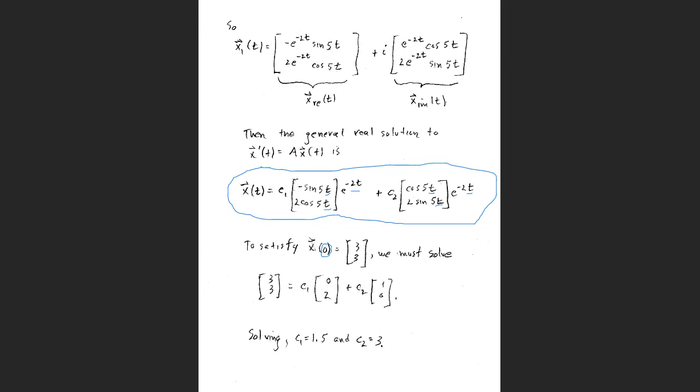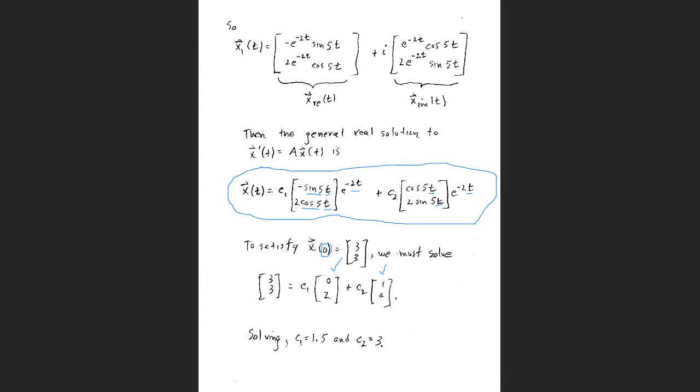for the first part here, e to the negative 2 times 0 is e to the negative 0. That equals 1. And then the sine of 5 times 0 is 0. The cosine of 5 times 0 is the cosine of 0, which is 1. So you get 2. And you can similarly see that the second vector is going to be 1, 0. I didn't write that all out because I think it's easy enough for you to do.